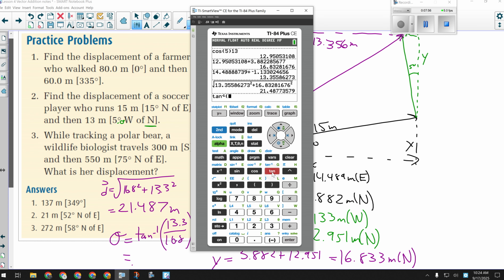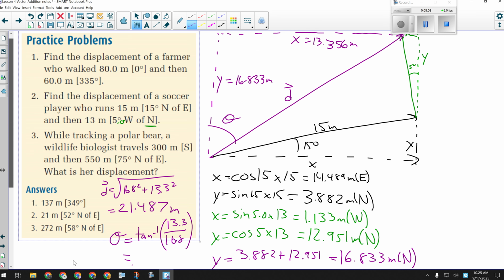So inverse tan of the 13.3 divided by 16.8. And that gives me 38.430 degrees. Which direction is my angle pointing? East of north. Yeah, east of north for me.